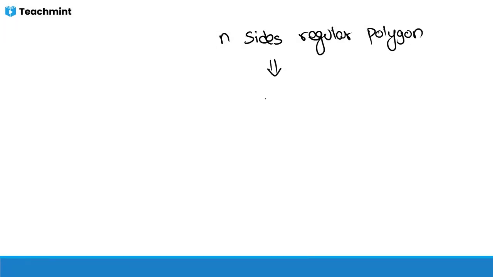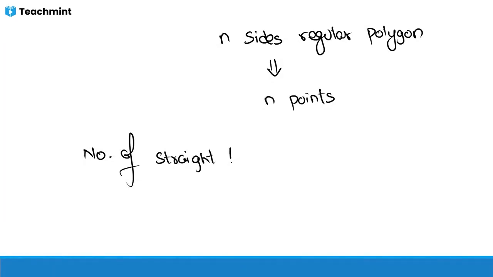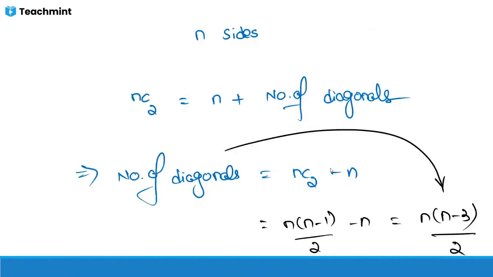When you have n points, the number of straight lines you can form is nC2. Here, no three points are collinear.